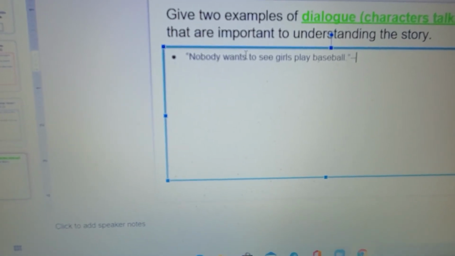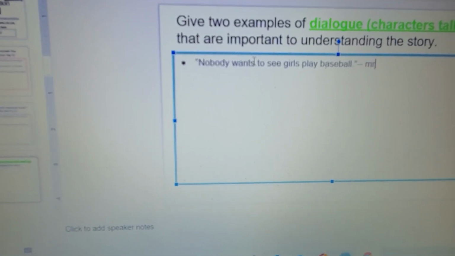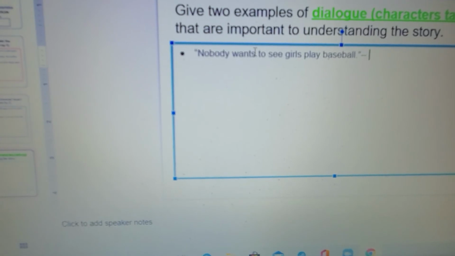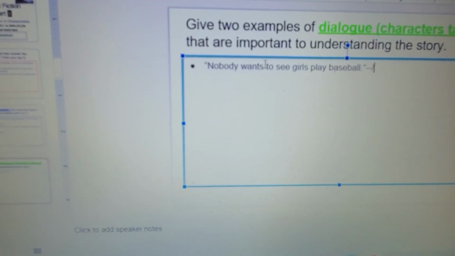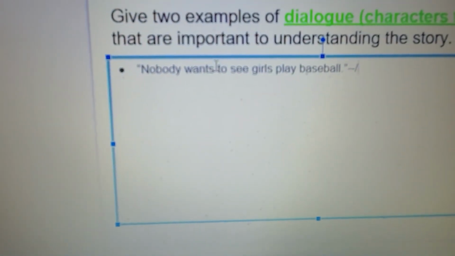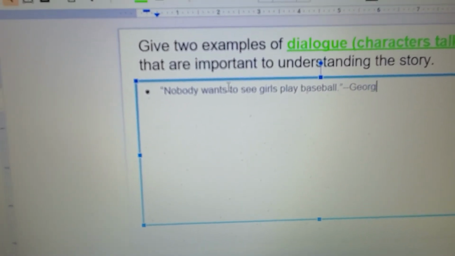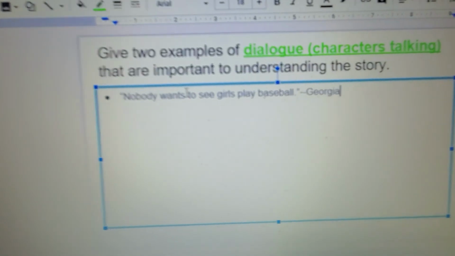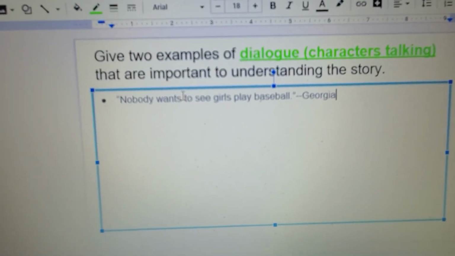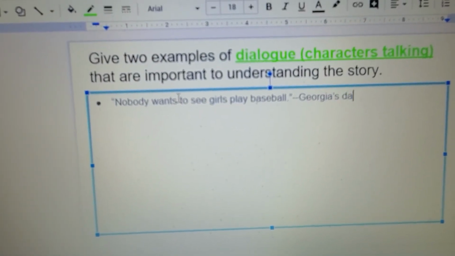And I would put his name, Georgia's dad. Because that shows the attitude of the time. And it feeds into the problem. So that's why I chose that one. Because I thought that was important.